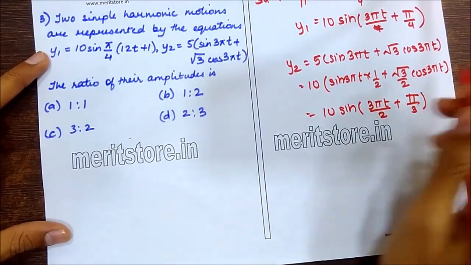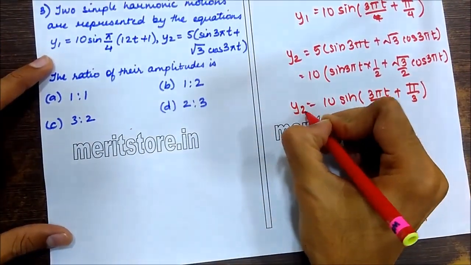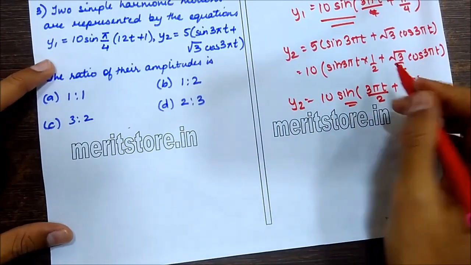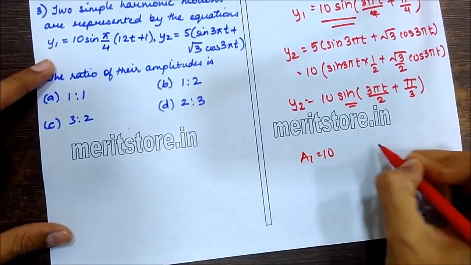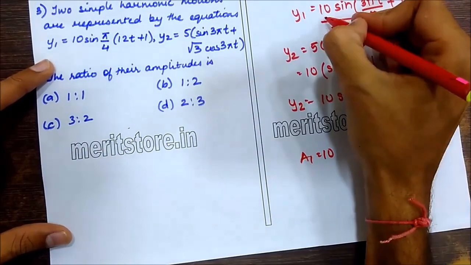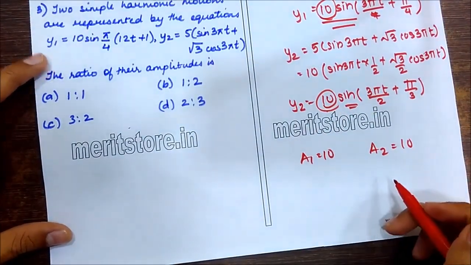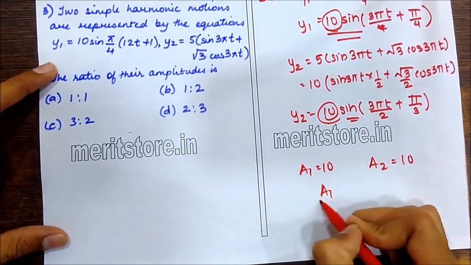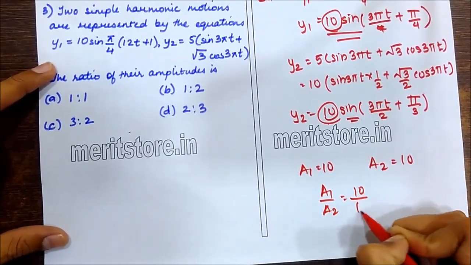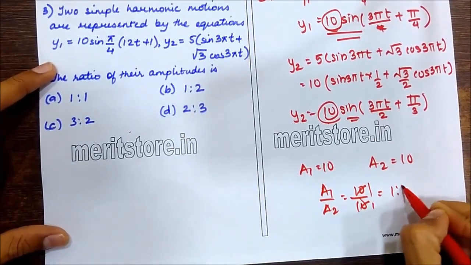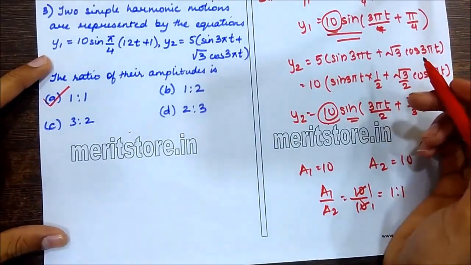Okay, so that is your y2. So in both cases we have the amplitudes a1 equal to 10 and a2 equal to 10. So the ratio a1 upon a2 is 1:1. So the correct option is A.